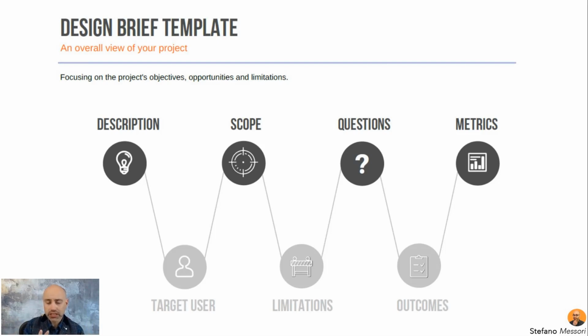And also I would suggest, because design is also a very visual discipline, we might also use some graphic in order to explain what we are trying to do. But basically, it is just a very short paragraph on what we are trying to do. It's a little bit more complex version of your elevator pitch when you're trying to pitch something to your boss or maybe even to your colleagues.